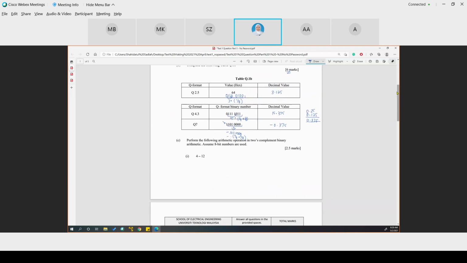And then C, perform the following arithmetic operation in 2's complement binary arithmetic. Assume 8-bit numbers are used. Okay, so first we change 4 and 12 into 8-bit binary. Minus with 0, 0, 0, 8.